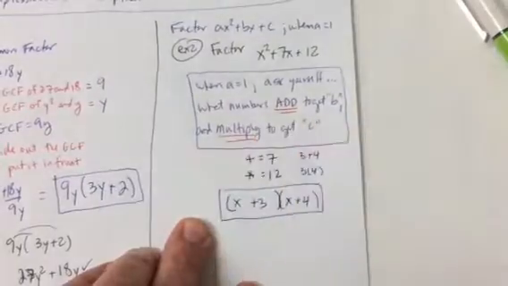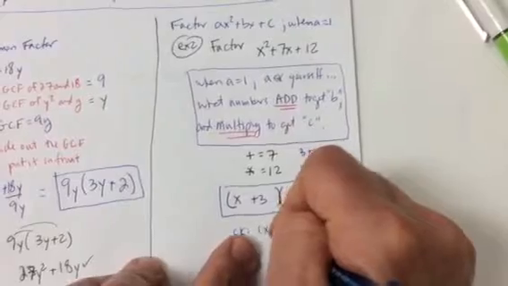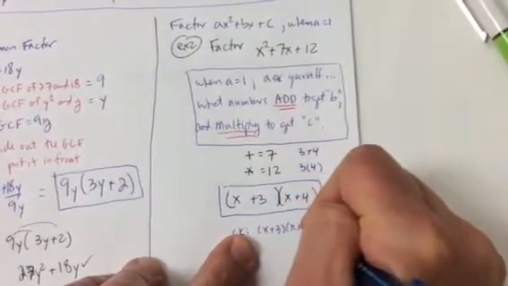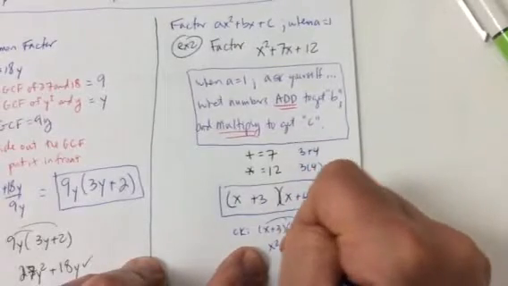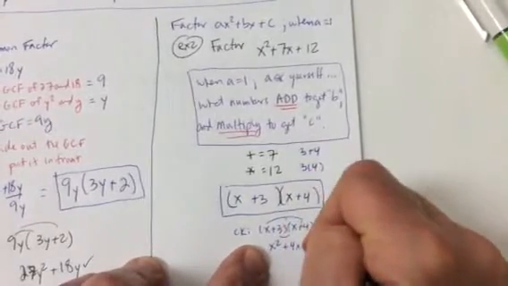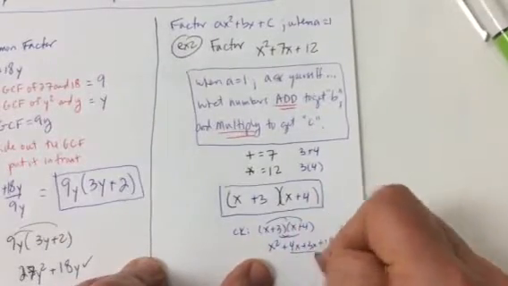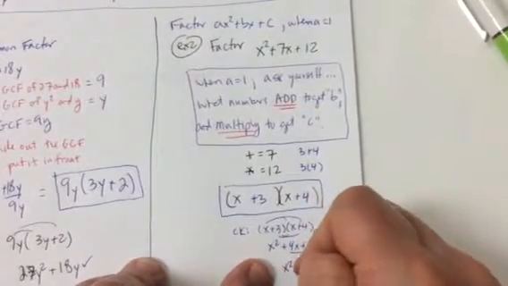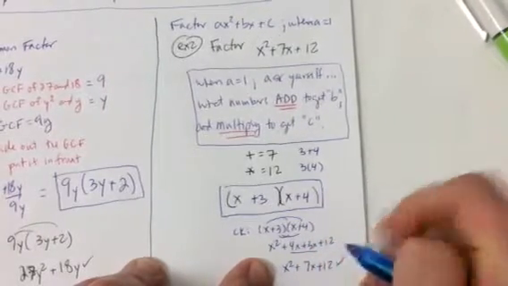Now let's check this and just make sure it works. So we're going to do a quick little check. x plus 3 times x plus 4. Distributive property, we get x squared plus 4x plus 3x plus 12. Combining those middle terms, we get x squared plus 7x plus 12, which is what we started with.